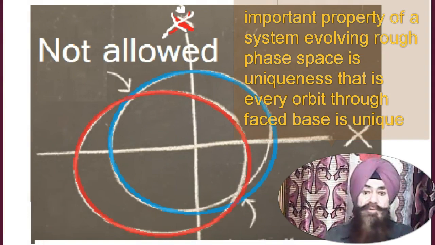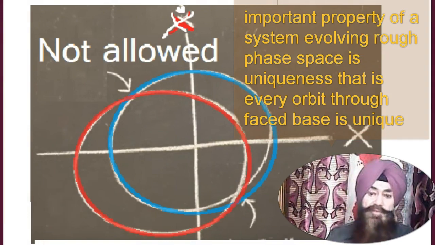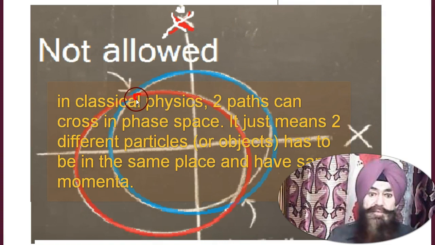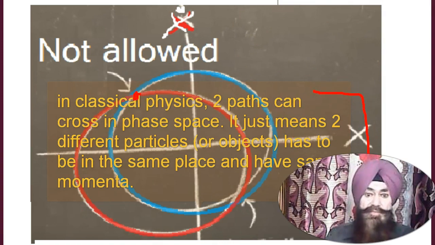So this is the property of uniqueness of the phase space. I already explained that this is not allowed. Why not allowed? These lines are very important.